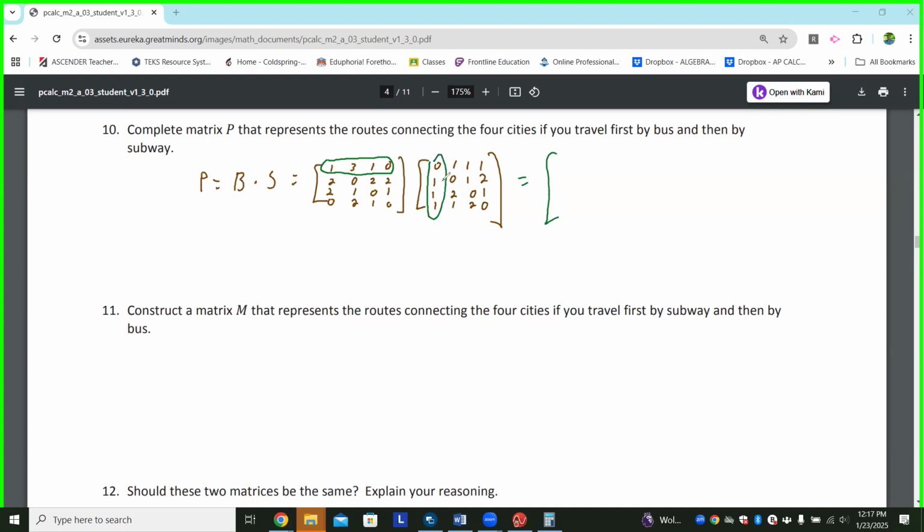you can do this side work. You can do it in your head, however you want to do it. But 1 times 0 is 0. 3 times 1 is 3. 1 times 1 is, so that'd be 4. And then 0 times 1 is 0. So this first answer would be a 4. However you want to keep up with that math, if you have to write out that process, you can do that.